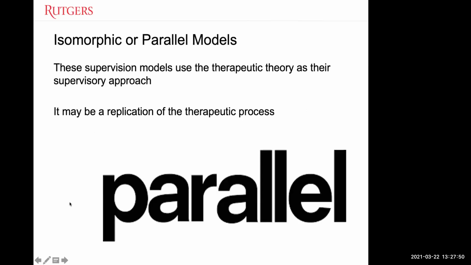One other aspect of clinical supervision I'm just going to throw at you because I'm kind of nerdy is that you see these things called parallel models or isomorphic models, often in the therapy domain. If I'm working in a dialectical behavioral therapy, DBT approach, I might use that approach in the supervision so that you would experience the intervention yourself.